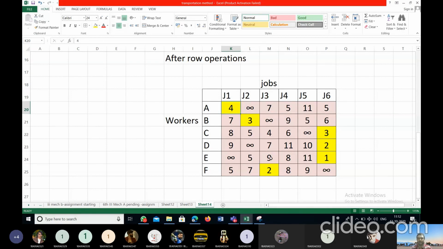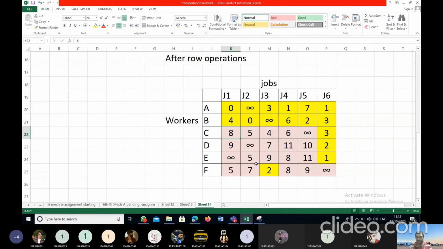Now I will start here. So 4 minus 4, infinity minus 4, infinity, 7 minus 4, 3, 5 minus 4, 1, 11 minus 4, 7, 5 minus 4, 1. So first row, updated. Second row, 7 minus 3, 4, 3 minus 3, 0, infinity minus 3, 9 minus 3, 6, 5 minus 3, 2, and 6 minus 3, 3. So second row is updated.